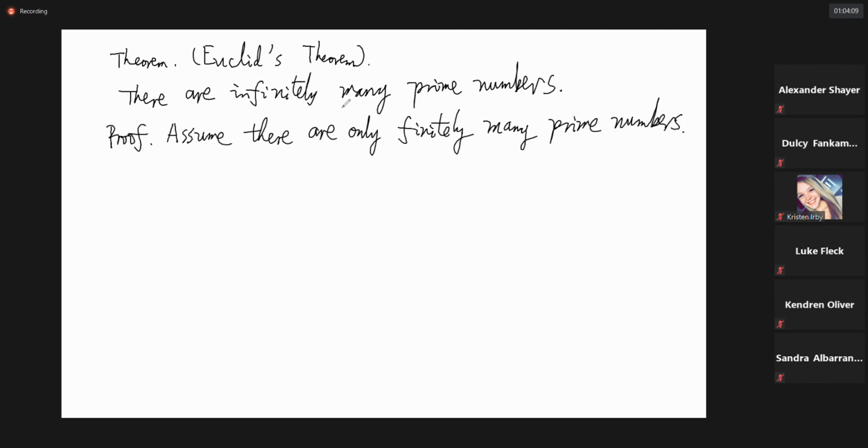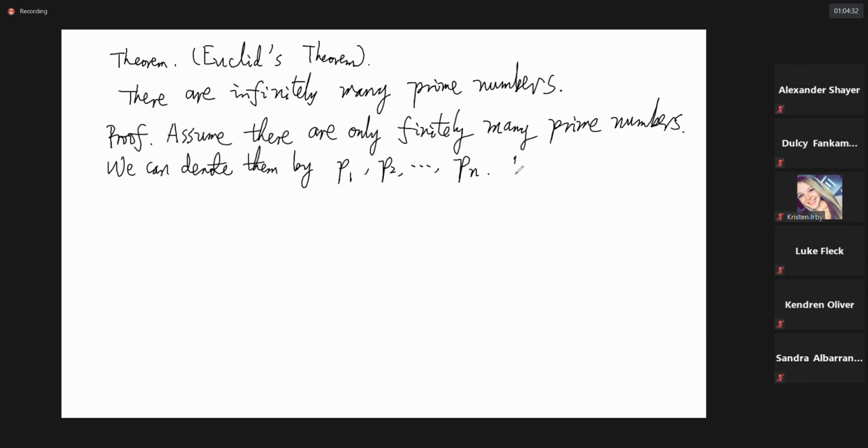Since there are finitely many, we can denote them by P1, P2, up to some Pn, finitely many.